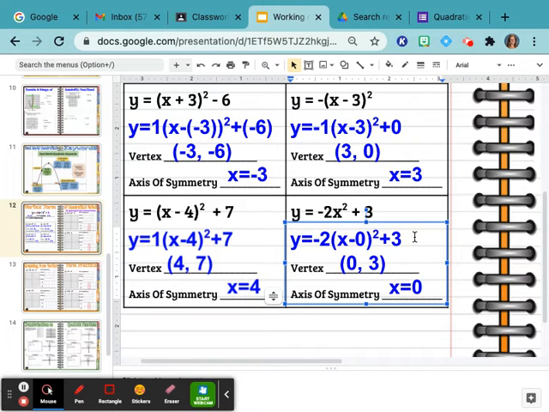Get out a calculator. And let's look at all of these because I want you to practice and hopefully remember how to find the vertex so that we can check it with the calculator.